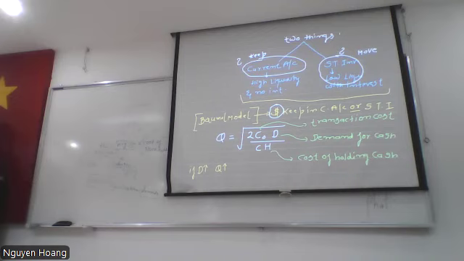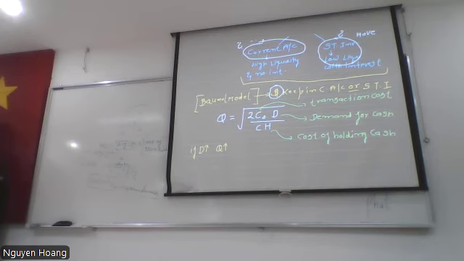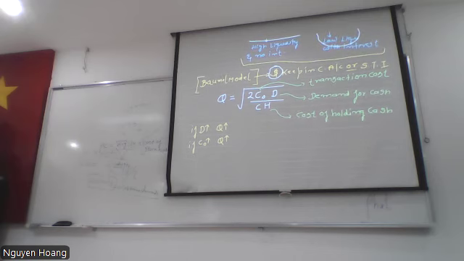If CO is high, the quantity would be high. If the transaction cost is high, the quantity of money that you require would be high. If the holding cost is high, remember the holding cost represents the opportunity cost.